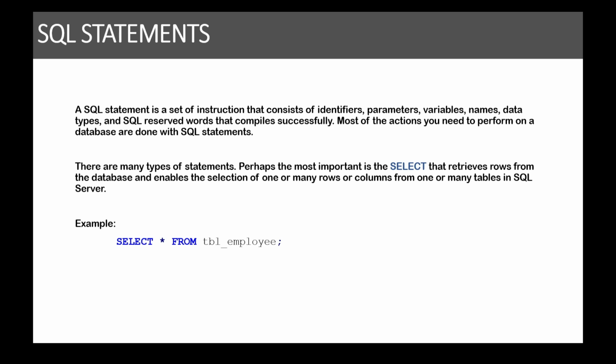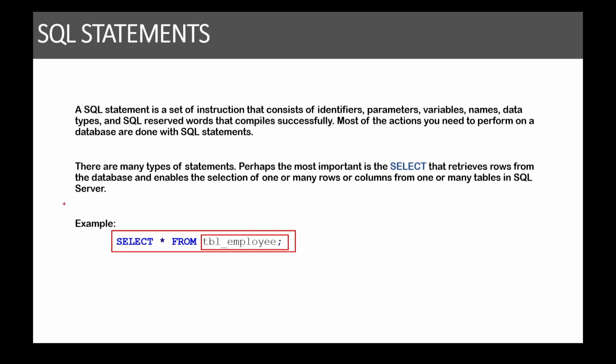Okay, so there are so many types of database statements. Perhaps the most important is the select one. By using the select statement, we can retrieve rows and columns from a database. Here is an example below. I mentioned select star from TBL employees, where TBL employees is a table name.